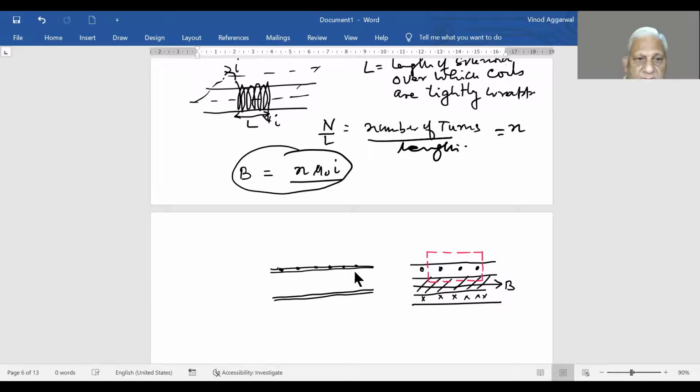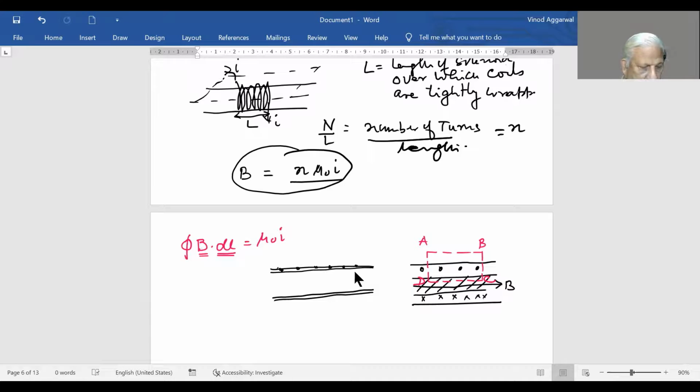Because what does Ampere's law say? The integral of B dot dl is equal to mu naught times the enclosed current. Take a small portion of length of wire and take a dot product with B. B is constant everywhere. If I designate this as A, B, C, D.